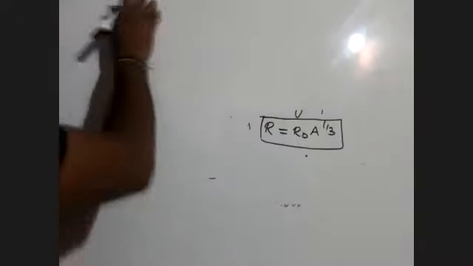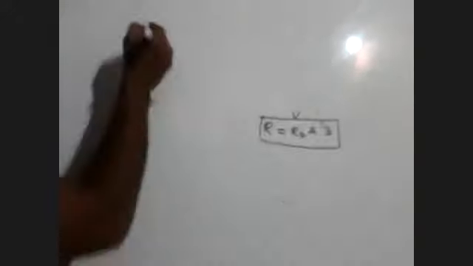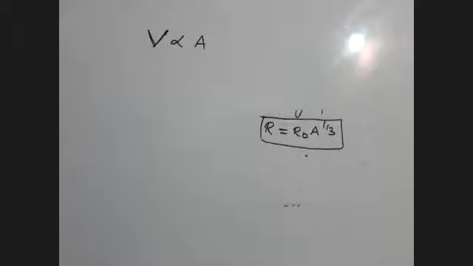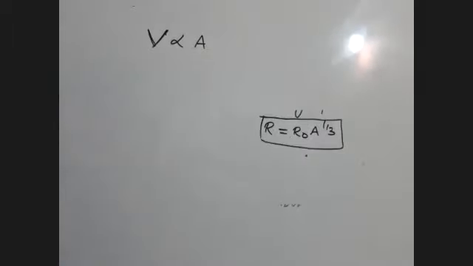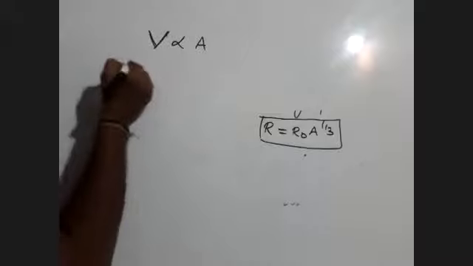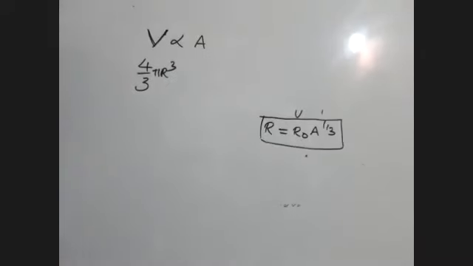The nucleus is spherical in shape, and its volume will be directly proportional to the mass number. If more nucleons are present, there is more volume; if fewer nucleons are present, less volume. So if A is more, volume is also more. What is the volume of a sphere formula? 4/3 π r³.